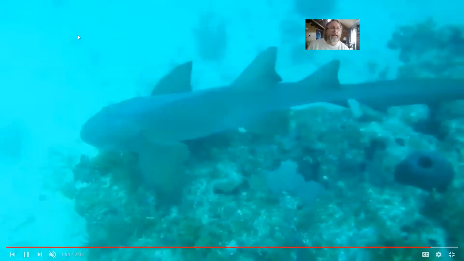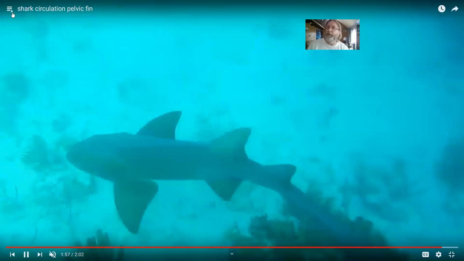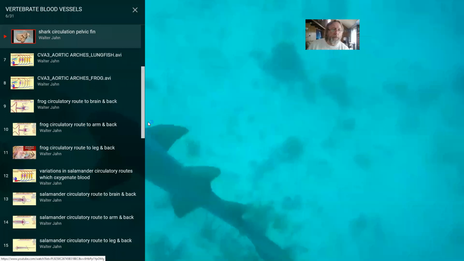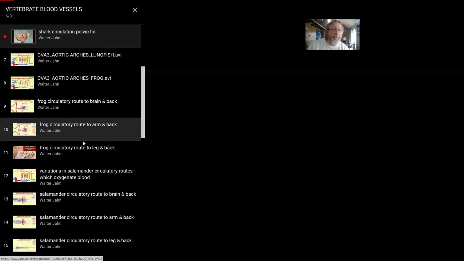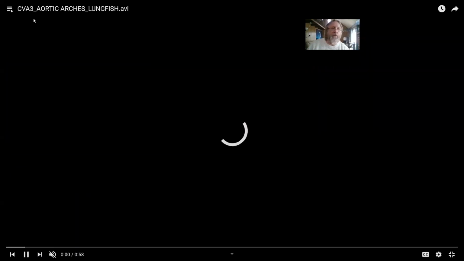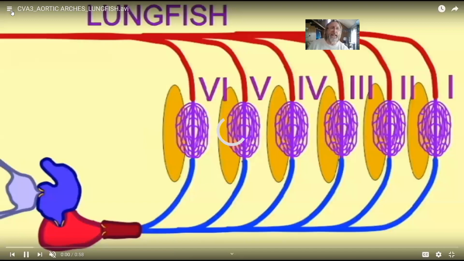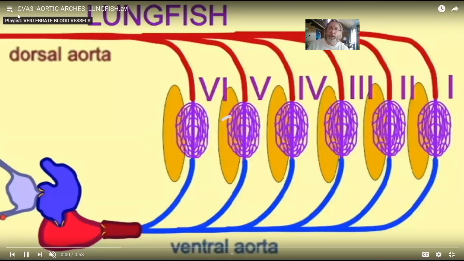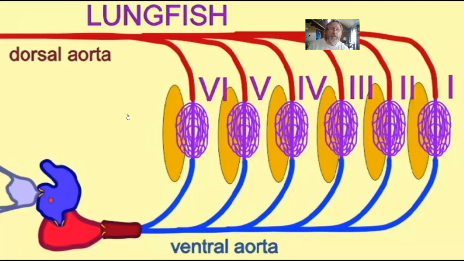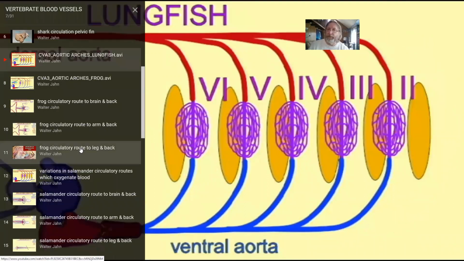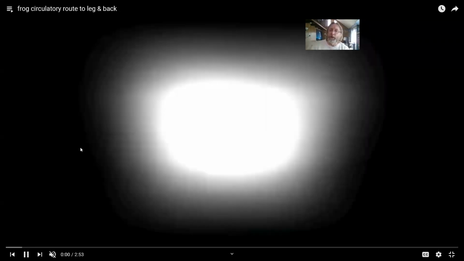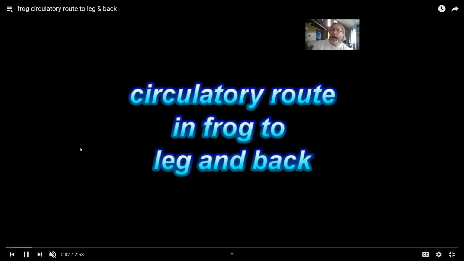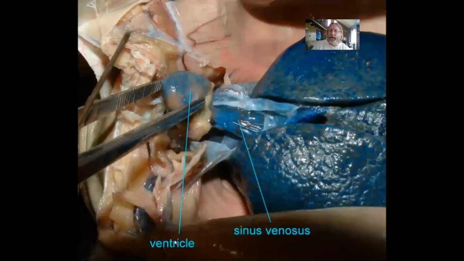If we were to then consider the frog, we see something similar, but we do have to begin a new topic, and that is the definition of a portal vein. Most circulatory routes go something like this. From the ventricle of the heart, there is an artery that then goes to a capillary bed that then drains into a vein that returns to the heart.